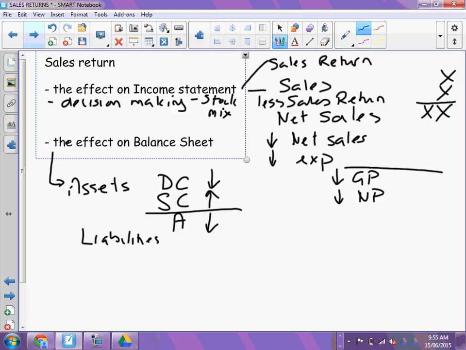Our liabilities, GST clearing. Is that going to be increase or decrease? Decrease. Will our owner's equity be affected?